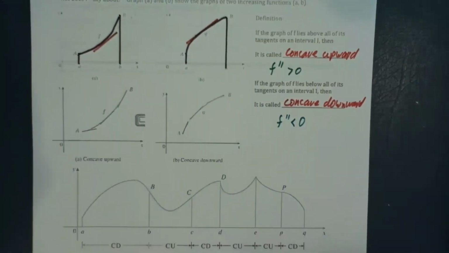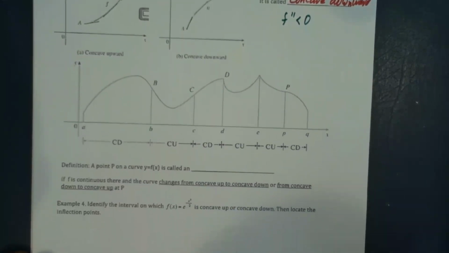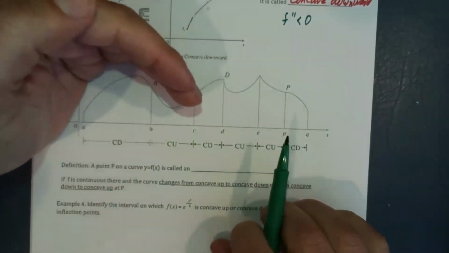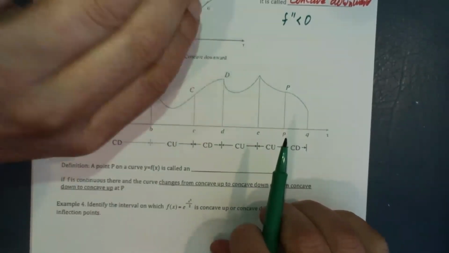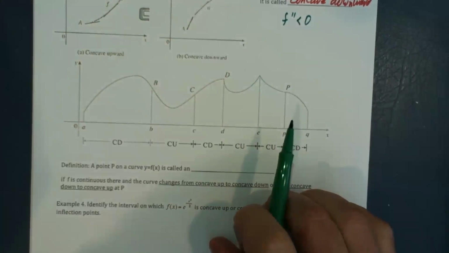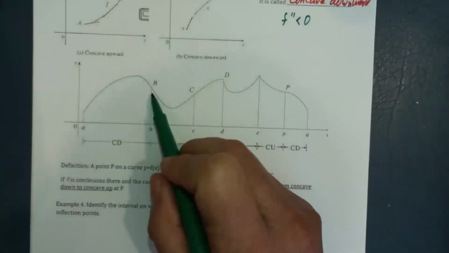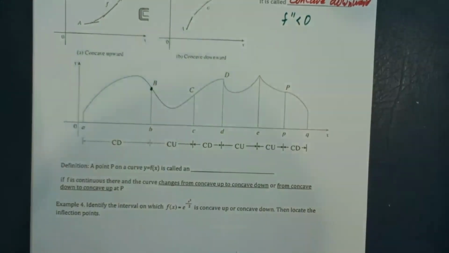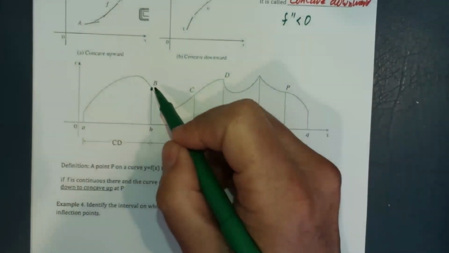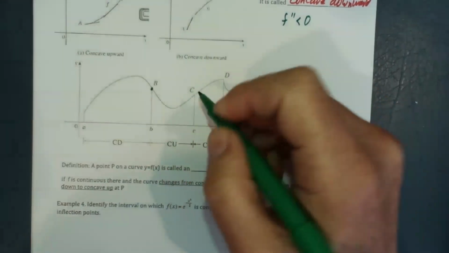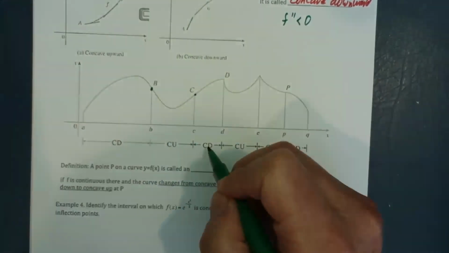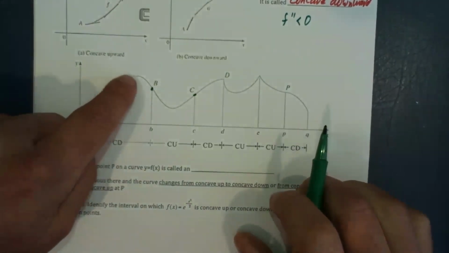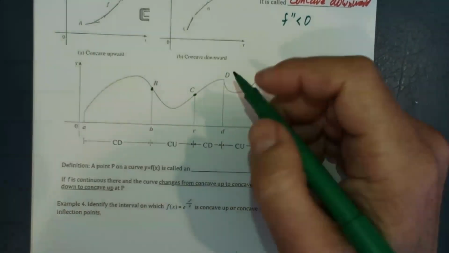And we can see with this big graph down here, we're concave downward here, versus upward. So concave downward here, and then right here, things change. It's concave downward, and then it changes to concave upward. And then from here, it's now concave downward. So these points right here mark where it's changing from downward to upward.